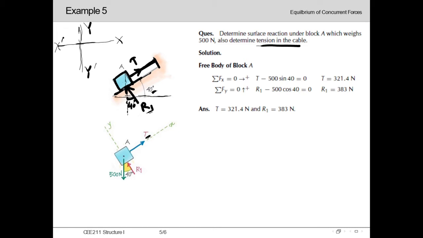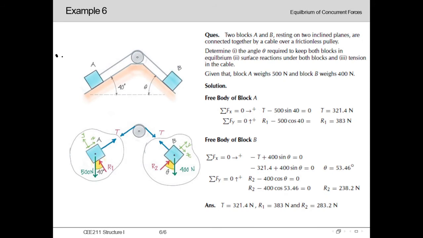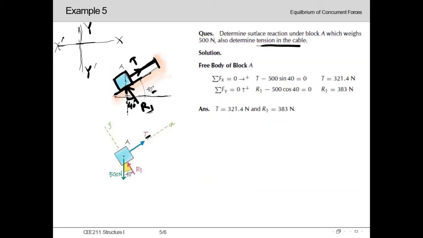Now for this case, for our benefit, we will be setting this global coordinate inclined. So we have just inclined and set the global coordinate in this manner.